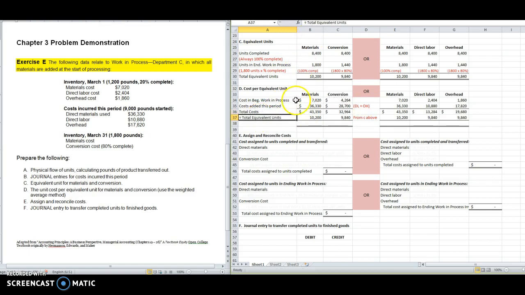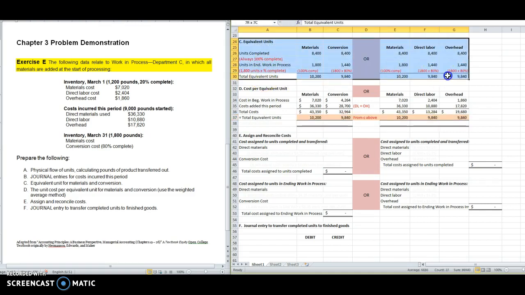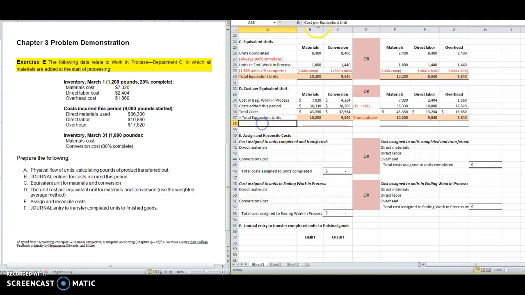Next, we will divide it by our total equivalent units. This is going to come from C above, and we got that from right here. So we calculated total equivalent units, and we just bring that down. We're going to get a cost per equivalent unit by dividing total costs by total equivalent units.